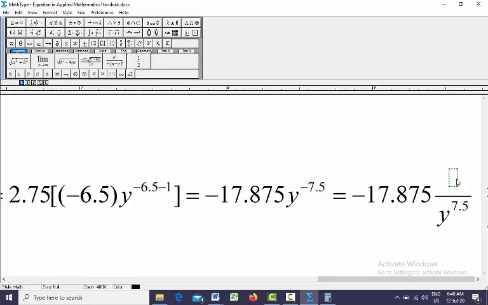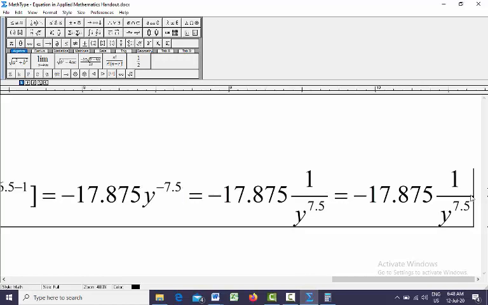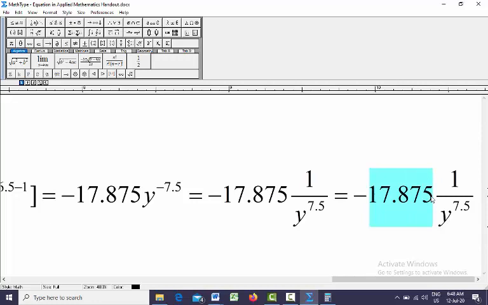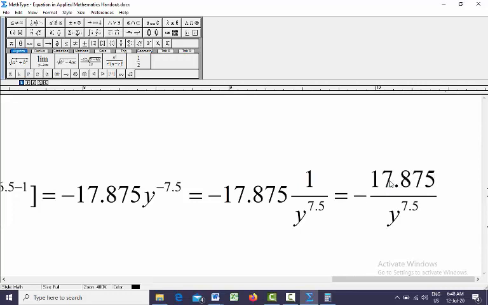Since we do not have anything there, we can put a 1 there, right? So now minus will be there, and this one multiplied by 1 means we will have this one, right? So that's the answer.